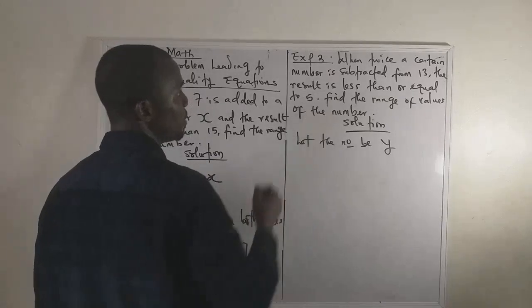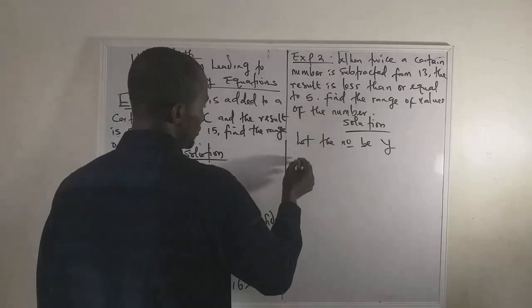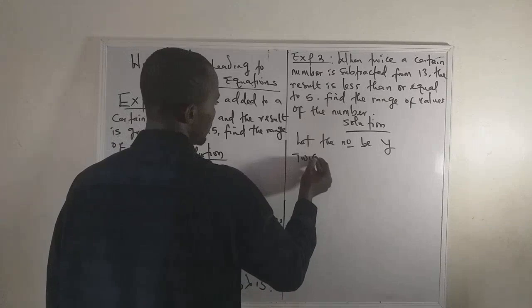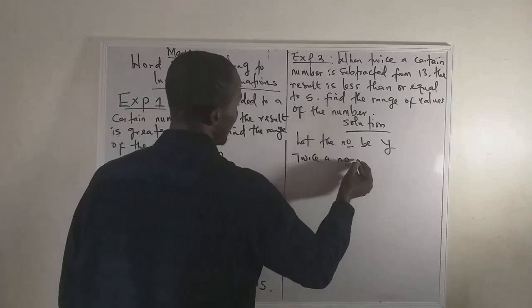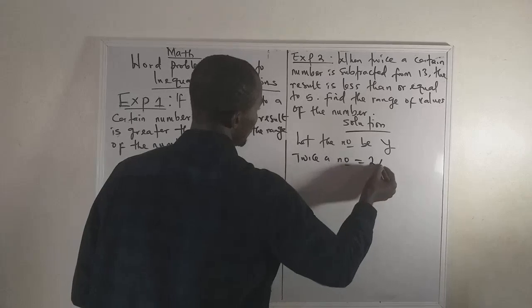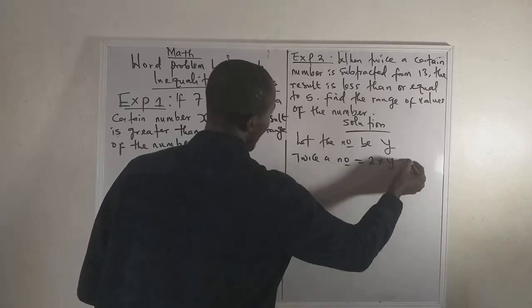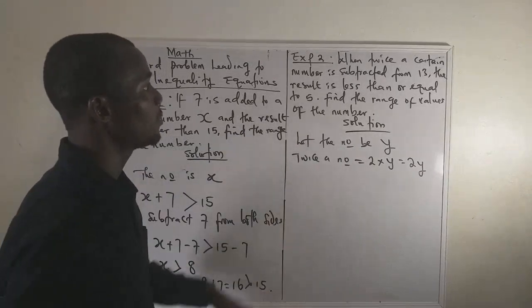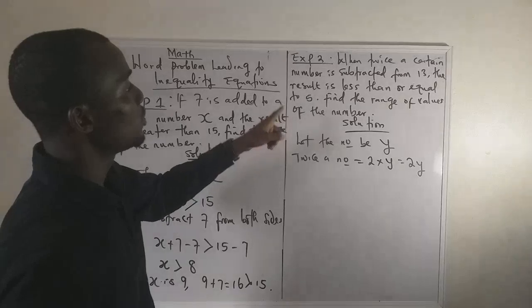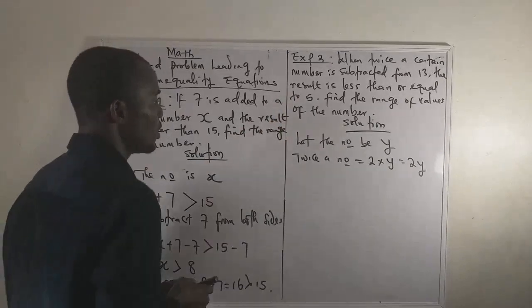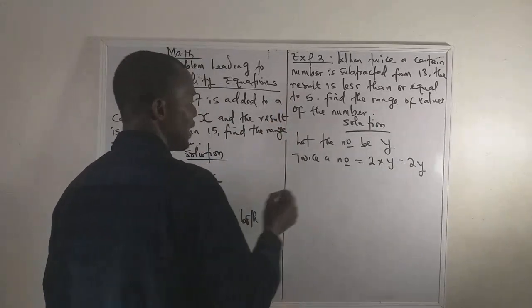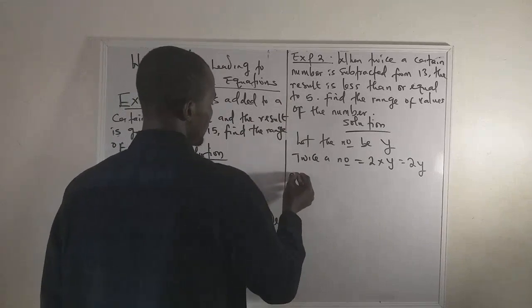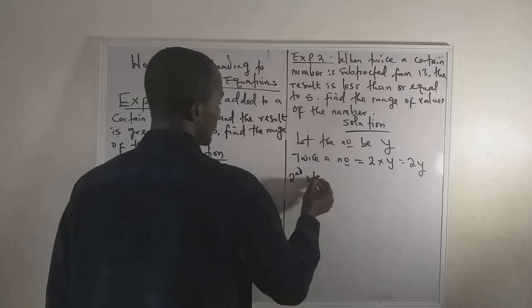The first step, twice a number, will be 2 times y, which equals 2y. That's our first step. Then the number is subtracted from 13, that's our second step.